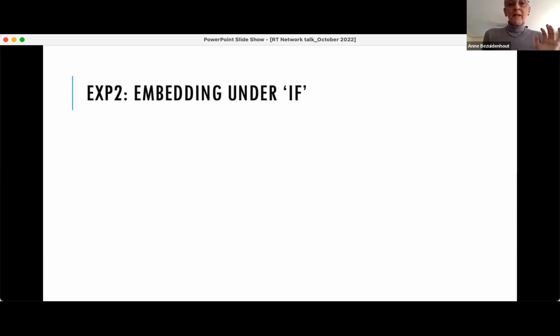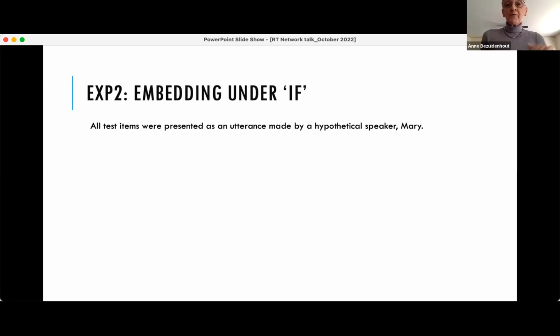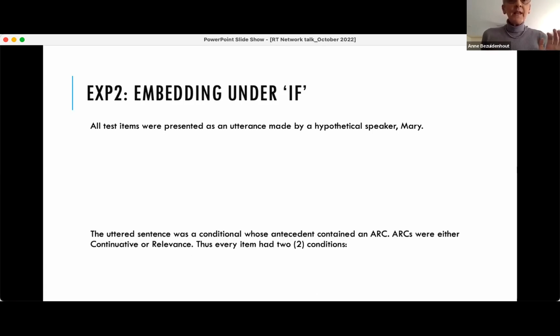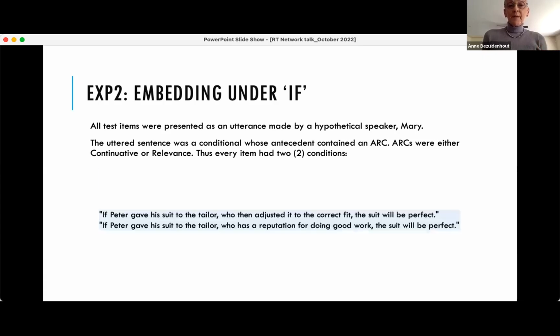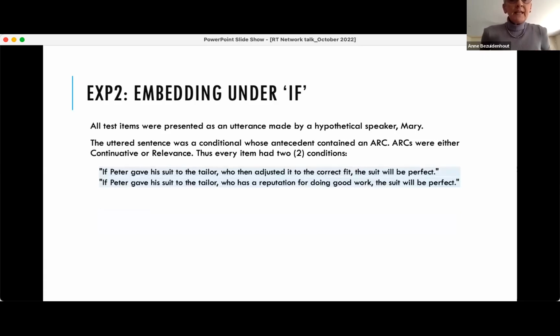And then for embedding under if, the structure was pretty much the same. Test items were presented as an utterance made by a hypothetical speaker, Mary. And the utterance was a conditional whose antecedent contained an arc, and arcs were either continuative or relevance. Thus, every item had two conditions. If Peter gave his suit to the tailor, who then adjusted it to the correct fit, the suit will be perfect.